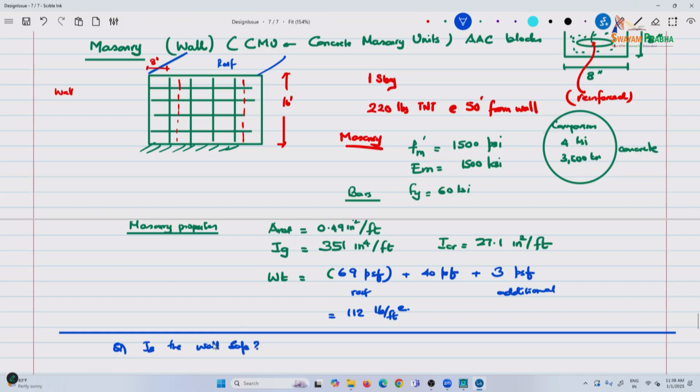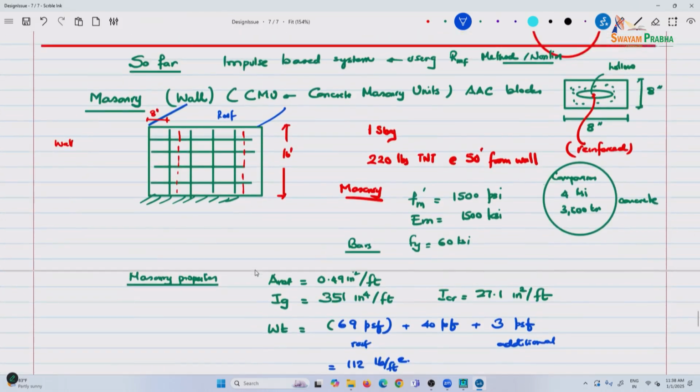Which area? 0.49. This is per square foot. So, the hole is taken out, right? The hole dimensions are taken out.